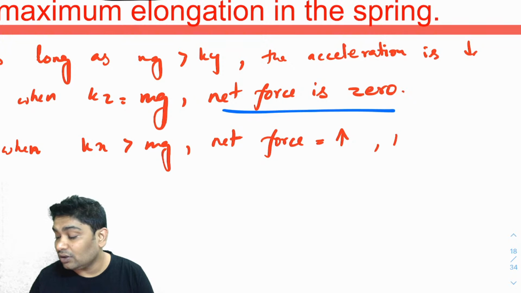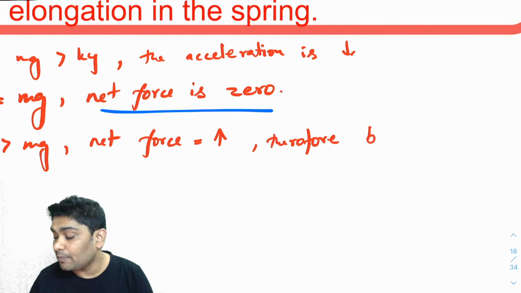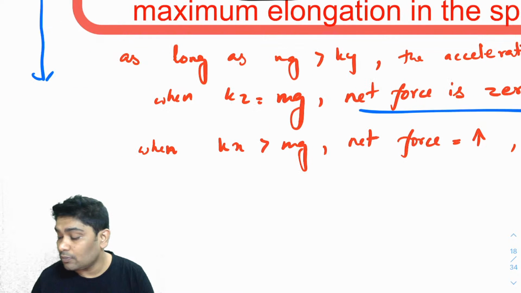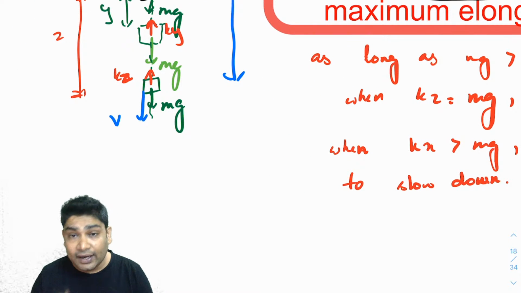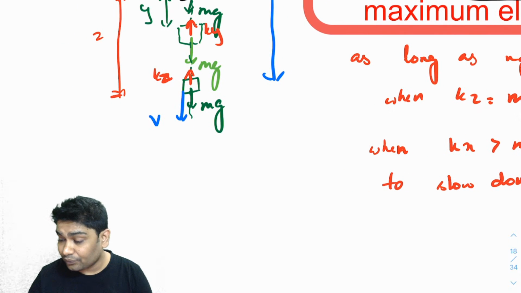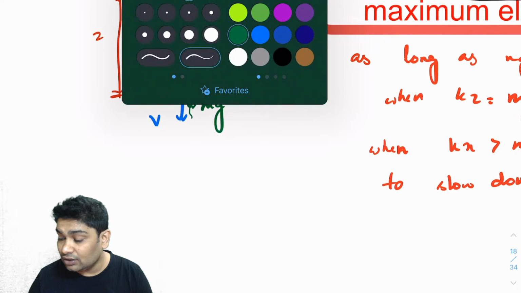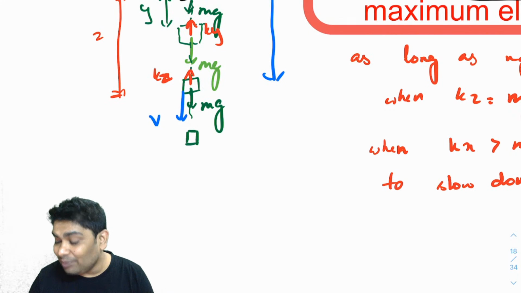Therefore the block starts to retard, or slow down. And finally, there will come a condition where its velocity will become 0 because of this retardation. It will come at some place where its v would be 0.